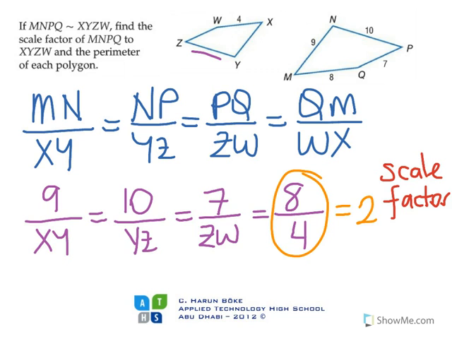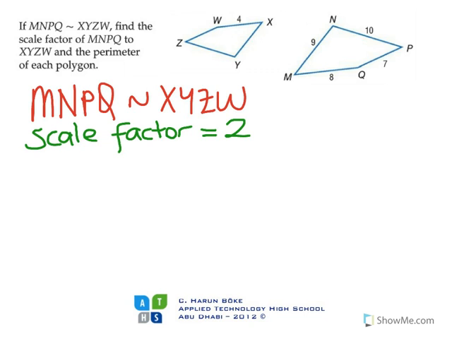So this means MNPQ is twice bigger, or 2 times bigger, than XYZW. Now let's see how we use the scale factor. If the scale factor equals 2, it means MNPQ is 2 times XYZW, and so are their perimeters.